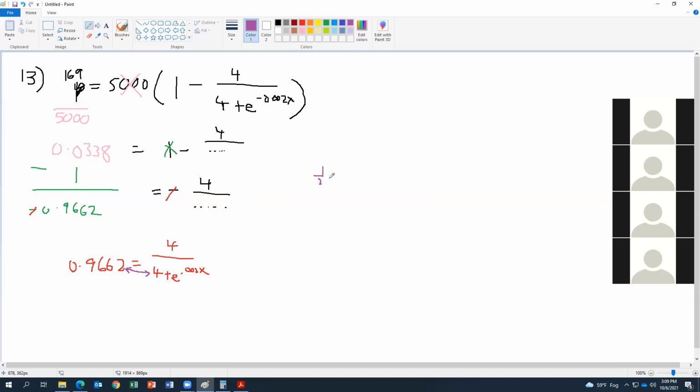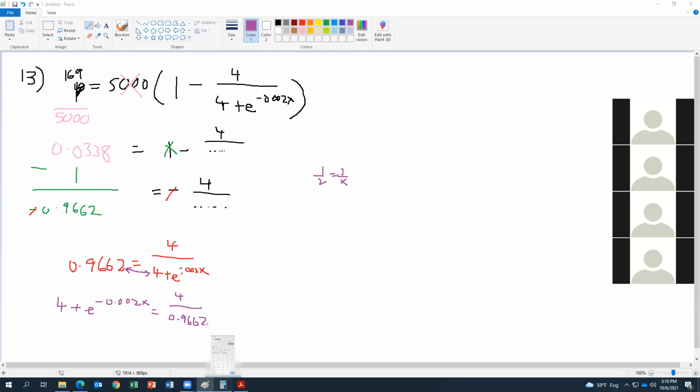When you cross multiply, you can interchange them, as long as they are in the cross multiplication. So you can write this, I forgot the negative on this one, and interchange this. So you get 4 over 0.9662.